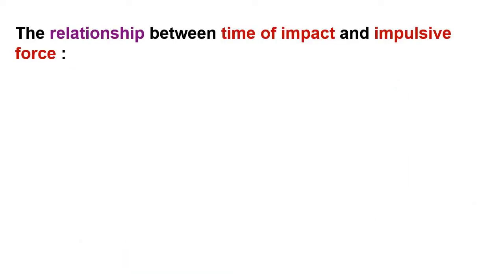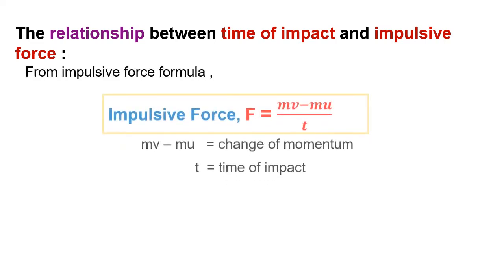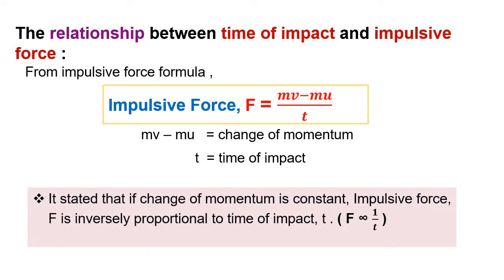Now, let's take a look at the relationship between time of impact and impulsive force. From the impulsive force formula, if the change of momentum is constant, impulsive force F is inversely proportional to the time of impact t.